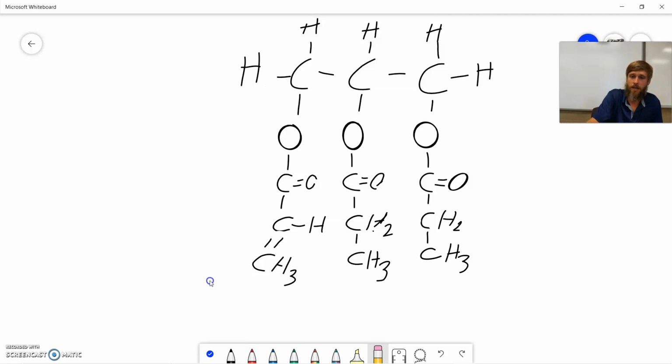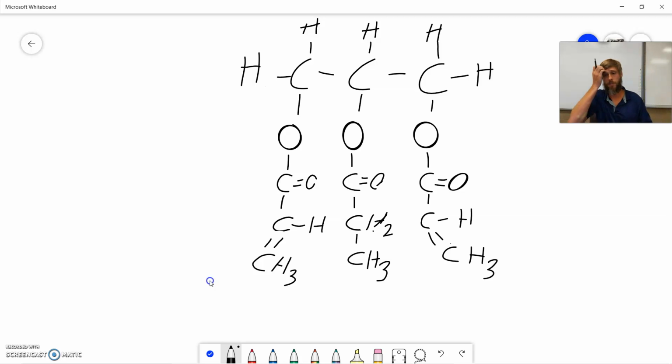So let's say if energy is applied, and we form a double bond between this carbon here, we form a double bond there. We have a CH3 with a hydrogen here. To get a better idea, let's change this CH3 to show us what's going to happen.